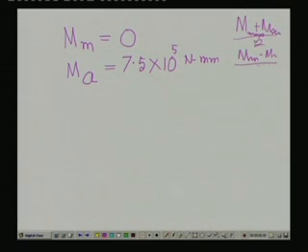So, what is the maximum moment coming? M max is plus 7.5 and the minimum is minus 7.5.